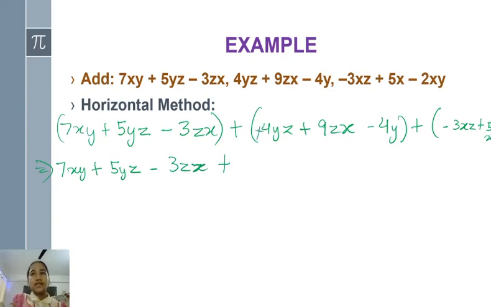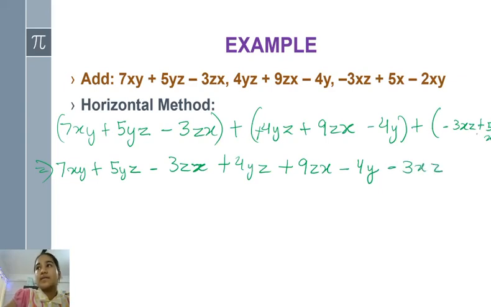Now, this is plus, without any sign at the front, we know it's plus. Plus into plus, plus. Then 4yz, plus into plus, plus. 9zx, plus into minus, minus. So minus 4y. Then this plus into minus, minus 3x. Plus into plus, plus 5x. Plus into minus, minus 2xy.